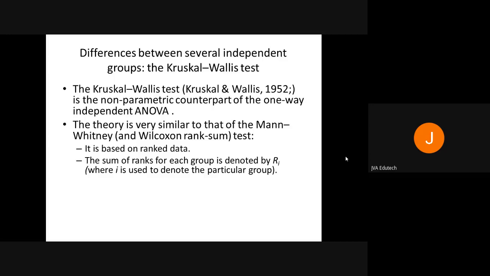Basically, this test assesses the hypothesis that the independent groups that you have come from different populations. If they are coming from different populations, of course they are unrelated.